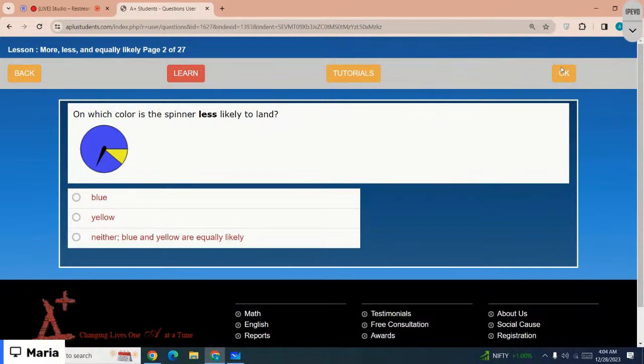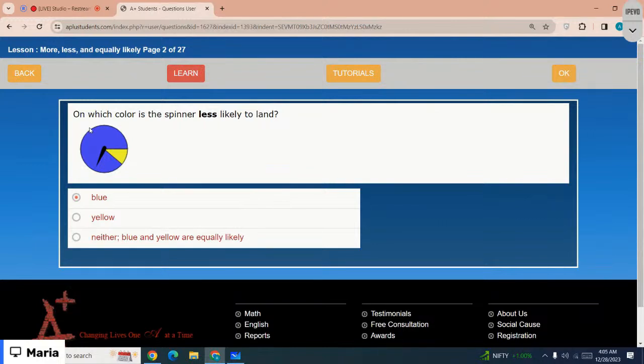Only the small portion is yellow. So which is the correct option? The spinner is more likely to land on blue, right? Because most of the spinner is blue. So the correct option is blue because the question is less likely to land, right?